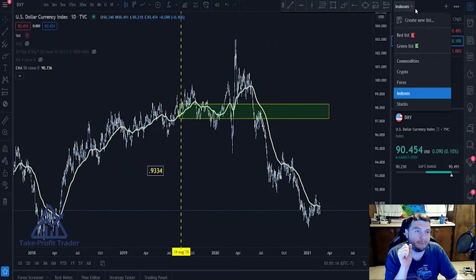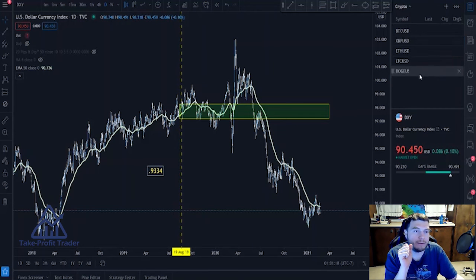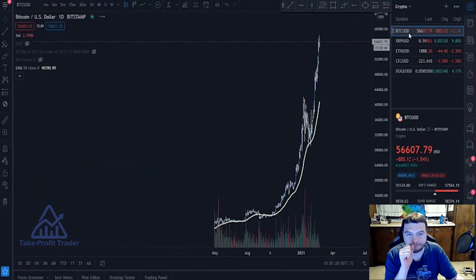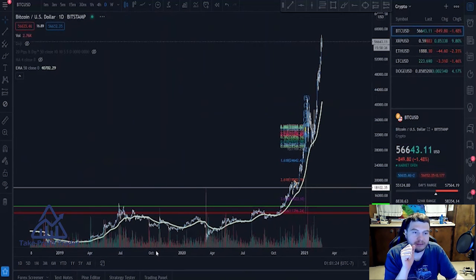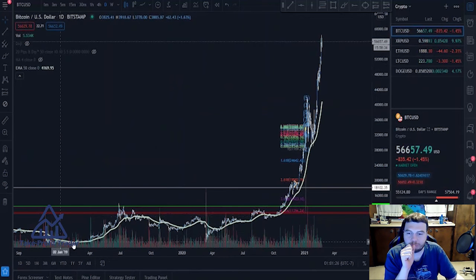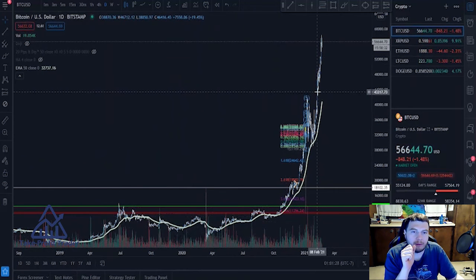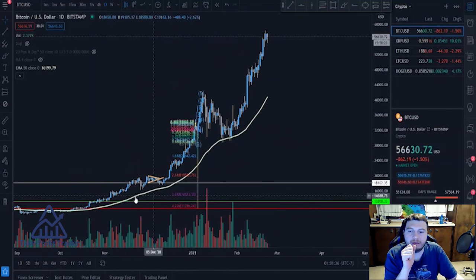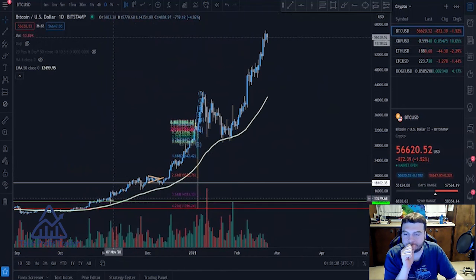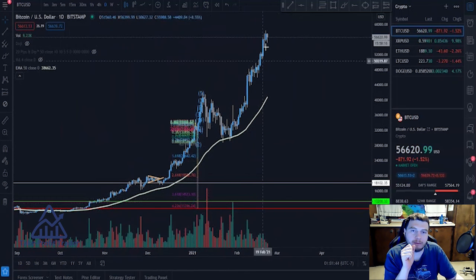Now let's look at something like Bitcoin. Bitcoin is flying right now. Bitcoin has a positive inflationary rate. That means Bitcoin is constantly moving up in purchasing value.